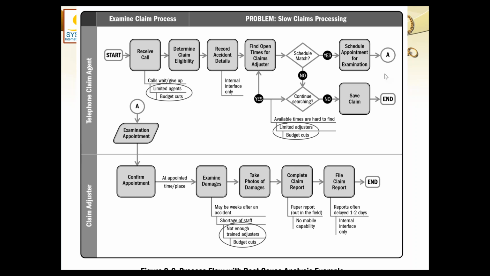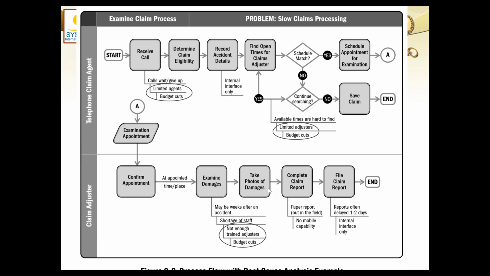When the schedule appointment for examination has been made, the examination appointment is held, then the appointment is confirmed. At a point in time, the team comes and examines the damages. Now, when the team comes, maybe weeks after an accident, due to shortage of staff, due to not enough trained adjusters, and that is due to the budget cuts.